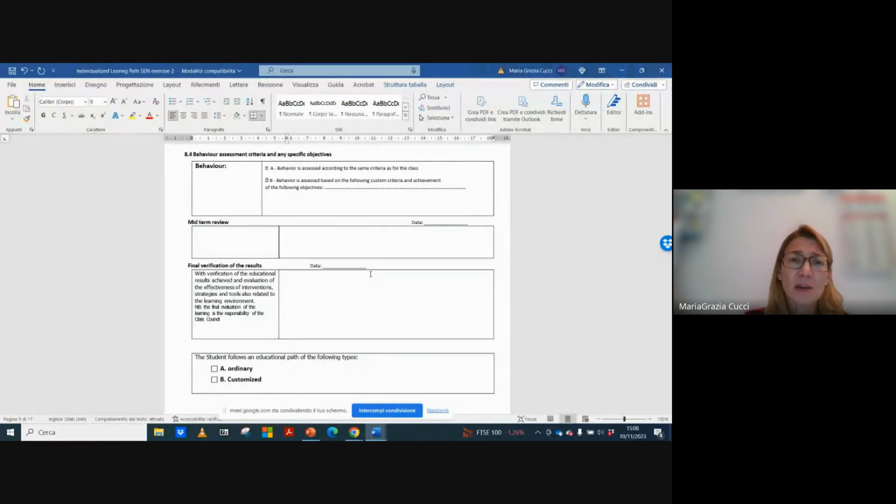I refer to behaviors that are related to special educational needs, not to general behavior to be considered as something that is part of educational tasks of the school.